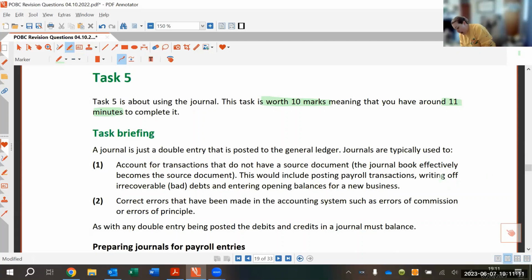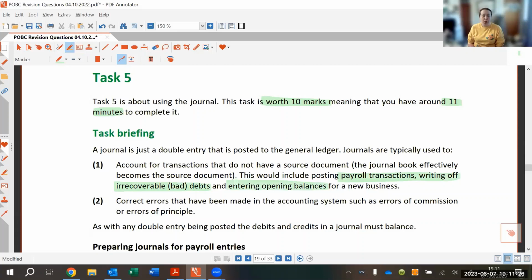So what we're going to look at in this section, as we said, is those payroll transactions and writing off bad debts. You may also get a question where they ask you about entering opening balances, which actually isn't too difficult.